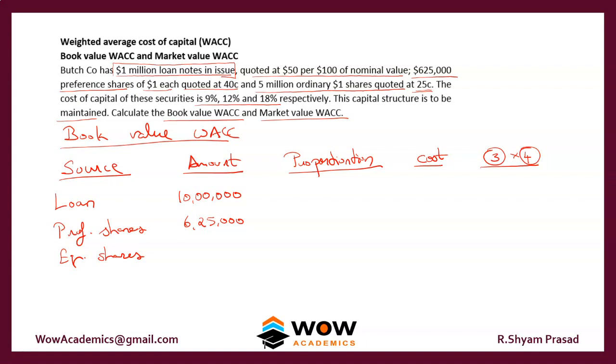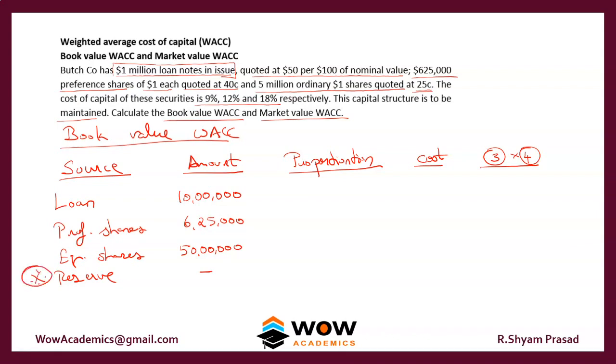So 5 million into 1, you will reach the same 5 million. So that will be 5 million here, or 50 lakhs. And if there's any reserve, that has to be added. In this question it's not given, so just leave it. But reserve is an important part in the book value.